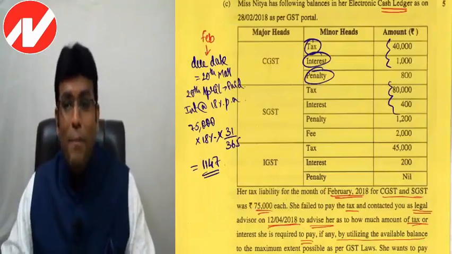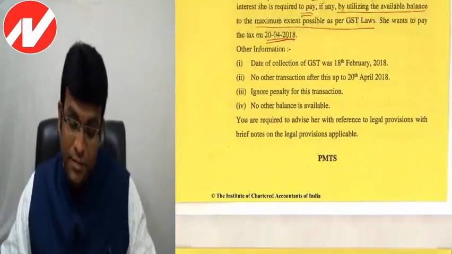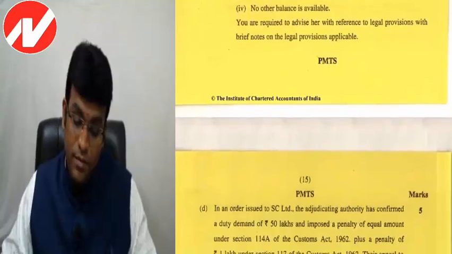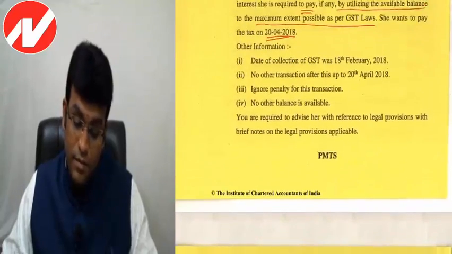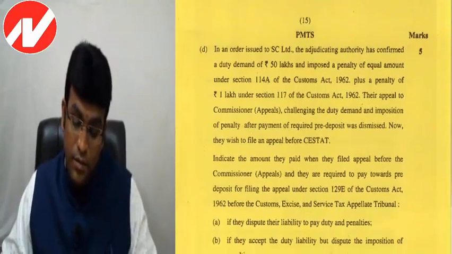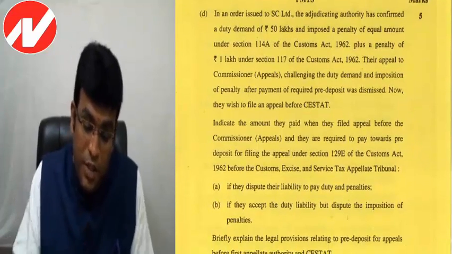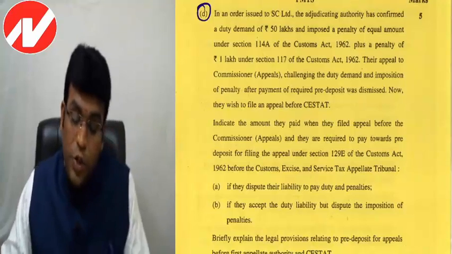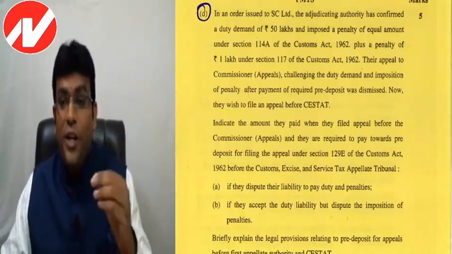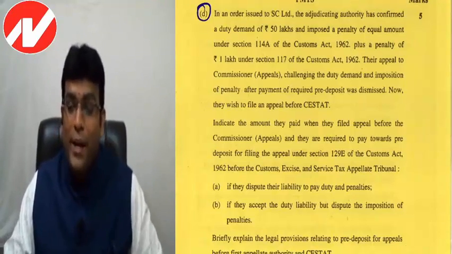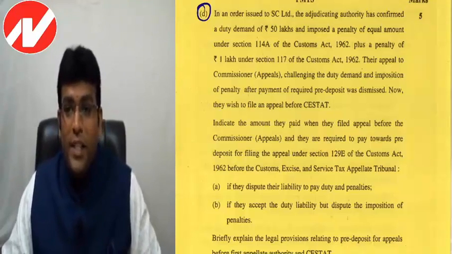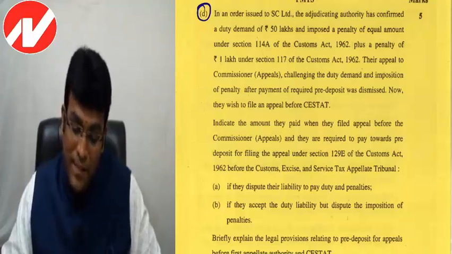Going back to the paper. In an order issued to SC Limited, adjudicating authority confirmed a duty demand of 50 lakhs and imposed a penalty equal to penalty under 114A of Customs Act.